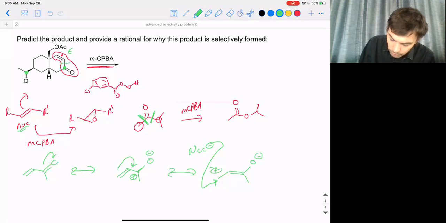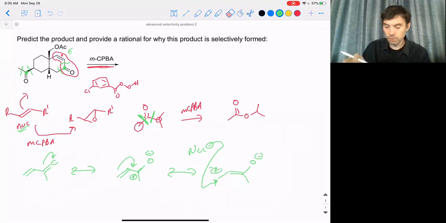So I'll squiggle through those right now. And so if we use our migratory aptitudes, we can kind of erase 2 of these options. So if we look at the ketone on the left side, we'll notice it's primary to the methyl, or it's got a secondary carbon or tertiary carbon on the other side. And so based on migratory aptitude, it should go that way.